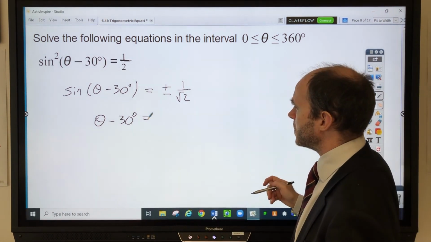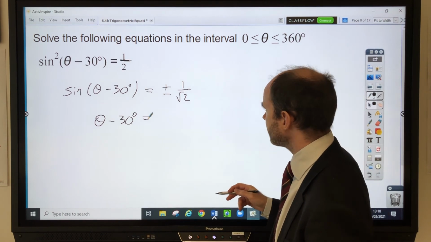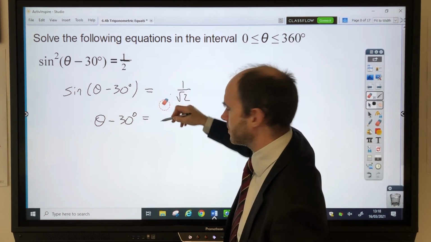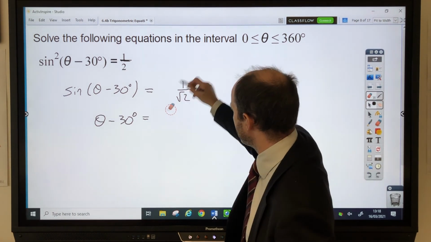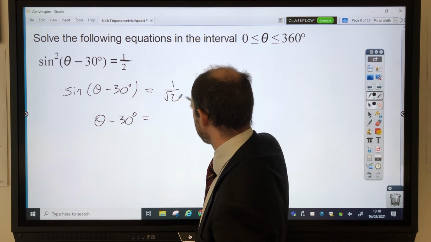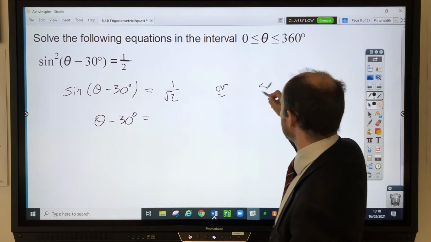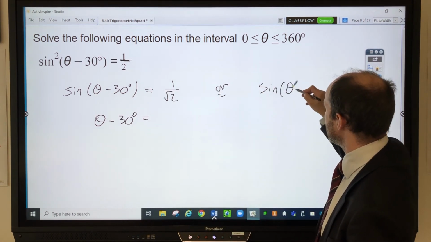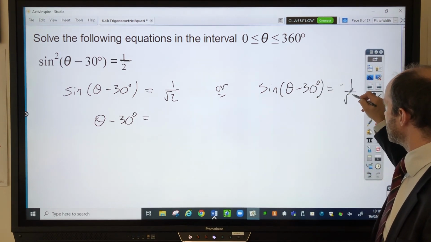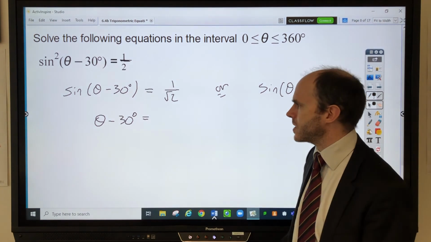So for positive 1 over root 2, I'm going to do that first of all, and then I'll consider afterwards the case when you've got this is equal to negative 1 over root 2. And I can just show my working separately in each case.